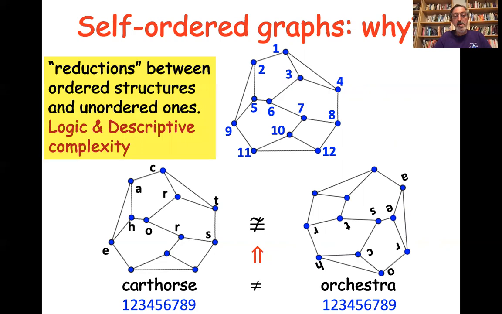So this is used for reductions between ordered and unordered structures. It's not a new idea. It was used in logic and descriptive complexity for studying logics with order relation and without order relation.